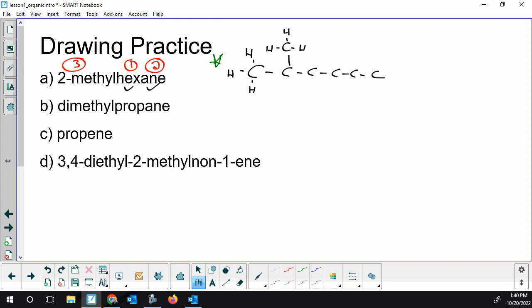This second carbon has 1, 2, 3. It only needs 1 more. Now we have a whole bunch of carbons with 2 bonds and needs 2 H's. Then we get to the very end, and our carbon needs 3 bonds. So that's one of a few correct structural diagrams. Okay? The mirror image of this would also be correct.